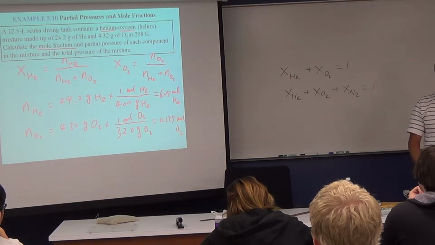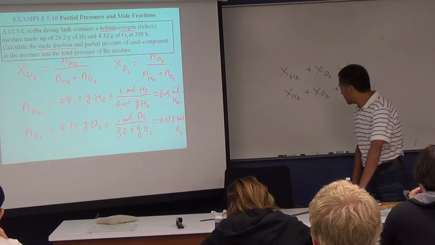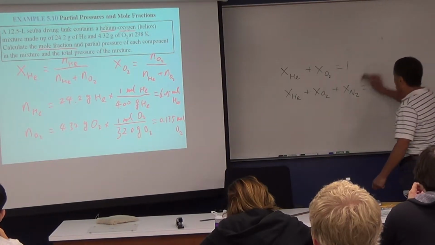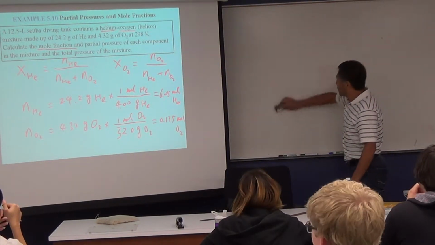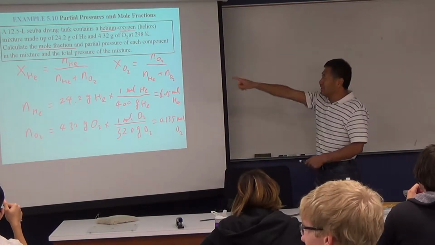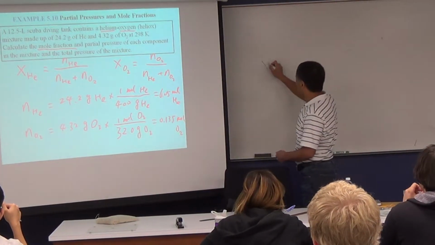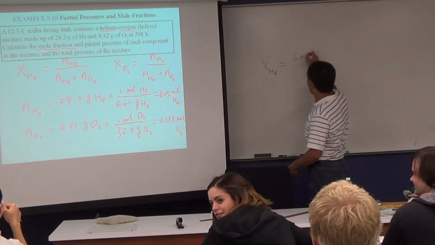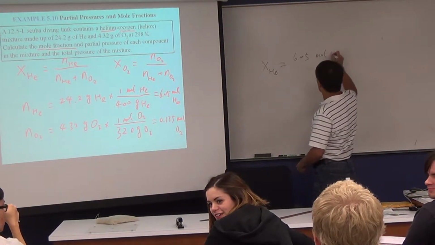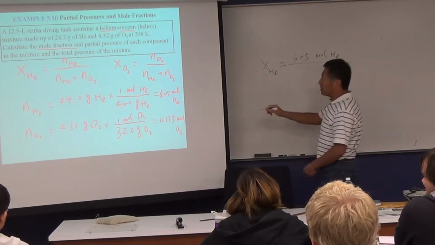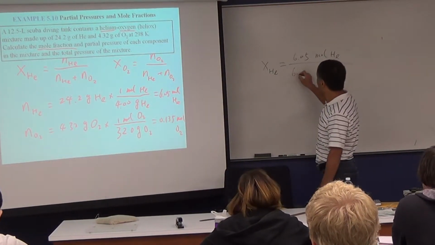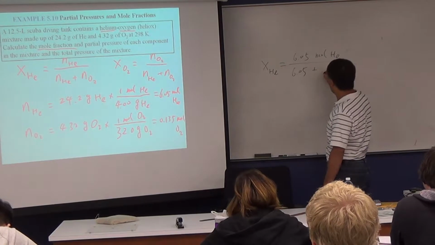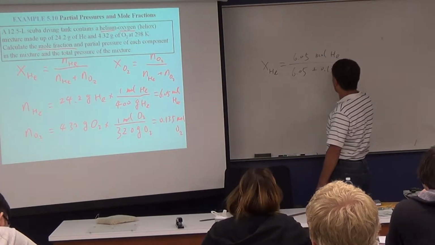Understand? Once you get this information, it is very straightforward, you just apply it. The mole fraction of helium equals moles of helium divided by the total moles, which means 6.05 plus 0.135.